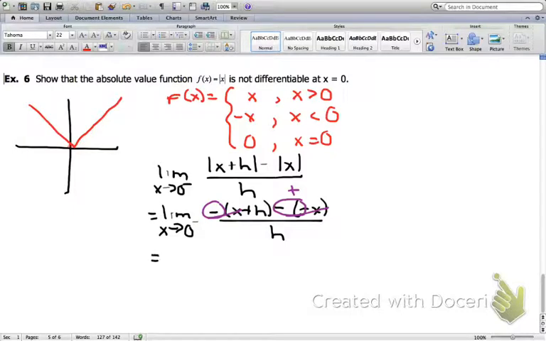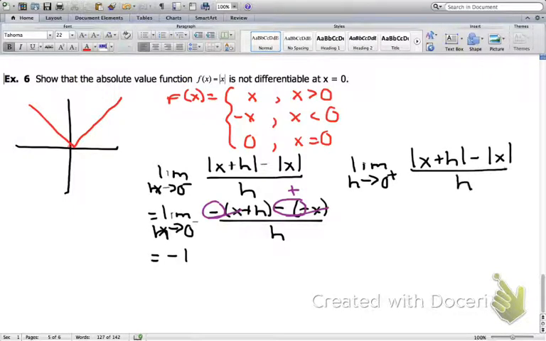Therefore the limit as h approaches 0 from our negative side is just going to be negative 1. Now let's look at the limit as h approaches 0 from our positive side. We look at the absolute value of x plus h minus the absolute value of x, all over h.